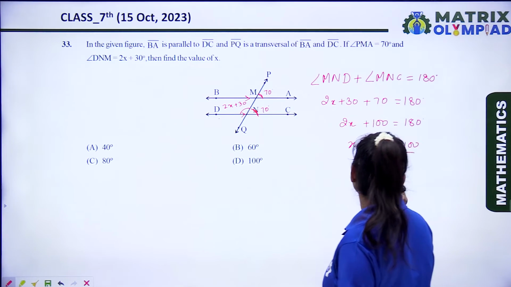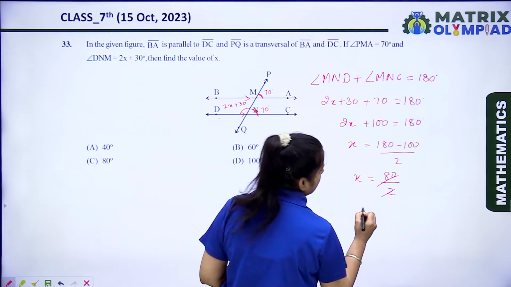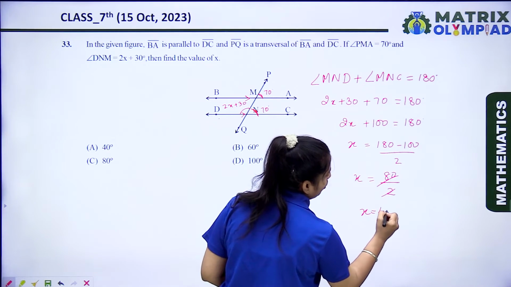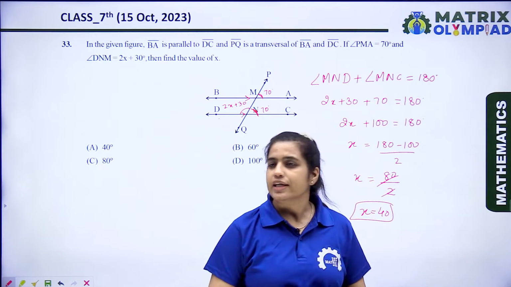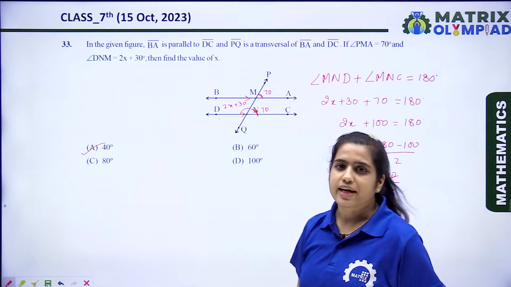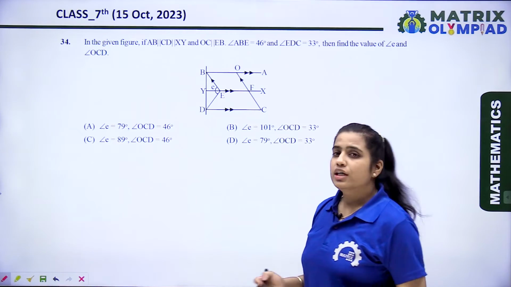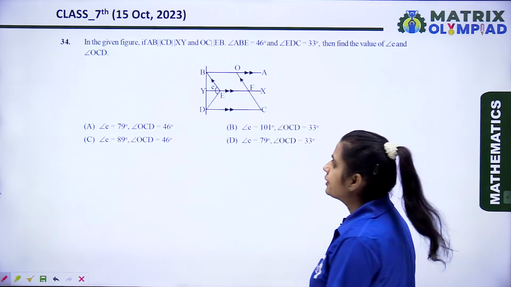So here the value of x is 80 upon 2, that is x is equal to 40 degree. So value of x is 40 degree. Here option A is the correct answer. Here now let's move on to the next question. Next question is question number 34.